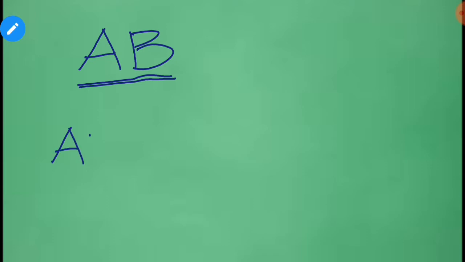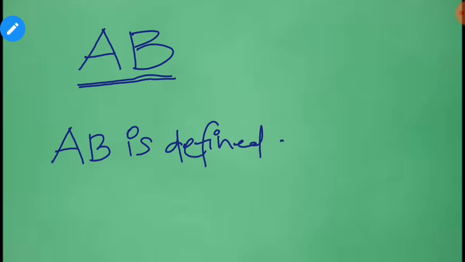Consider two matrices A and B, and let AB be defined. Then can we say BA is defined? No. AB is defined does not imply BA is defined.